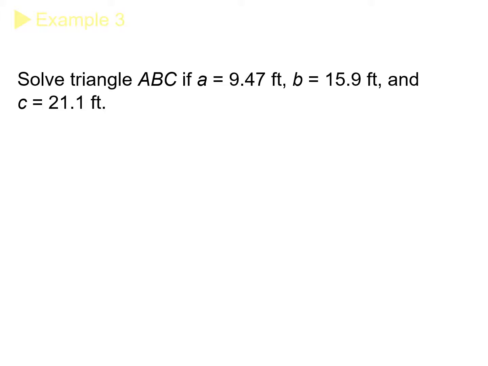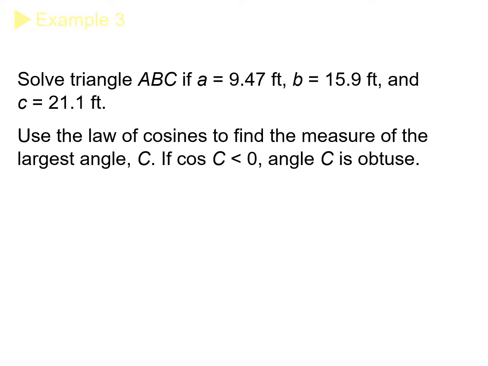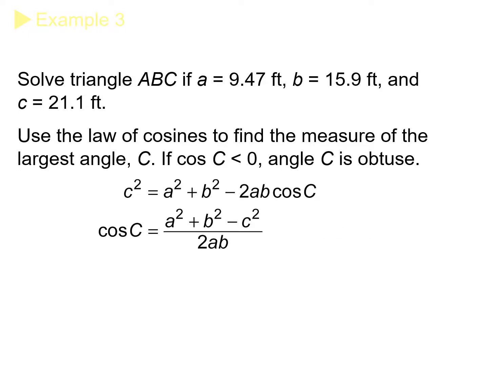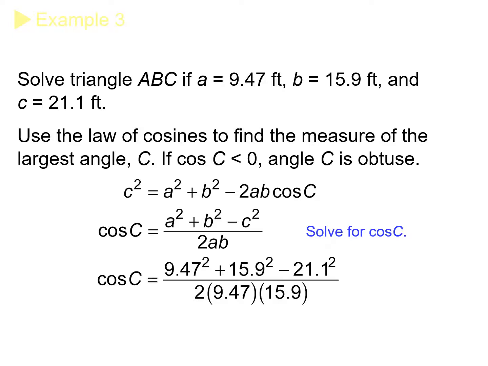Now let's solve triangle ABC if we know all three sides. We can use the law of cosines to find the measure of the largest angle C. And if cosine C is less than 0, then angle C is obtuse. So let's start. c squared is a squared plus b squared minus 2ab cosine C. Solving for cosine, we get cosine of C is negative 0.34341.